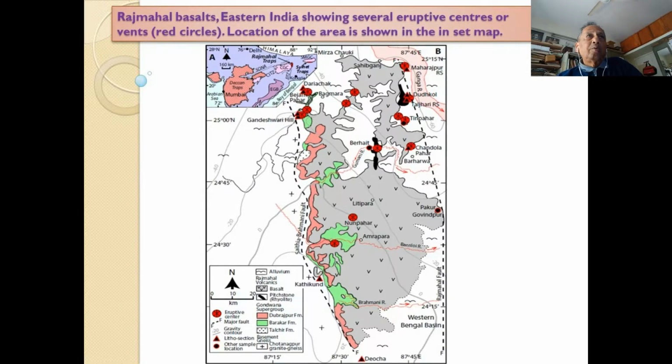The map shows several eruptive centers or vents through which the lava had erupted.